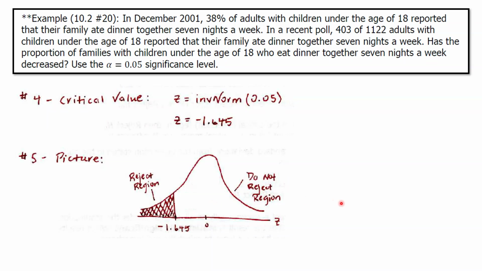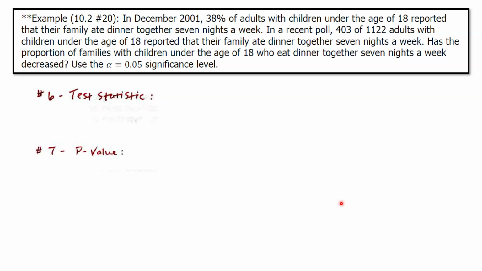Okay. So once we've drawn our picture, we now can find our test statistic. Because we're using the 1-prop z test in our calculators, it will automatically populate the p-value as well, which is why we can perform the classical approach and the p-value approach at the same time, because our calculator provides both values.